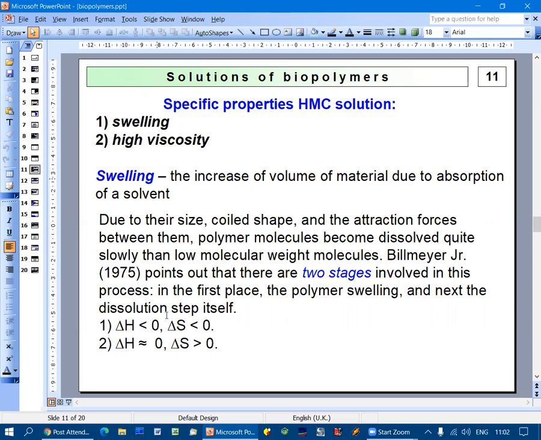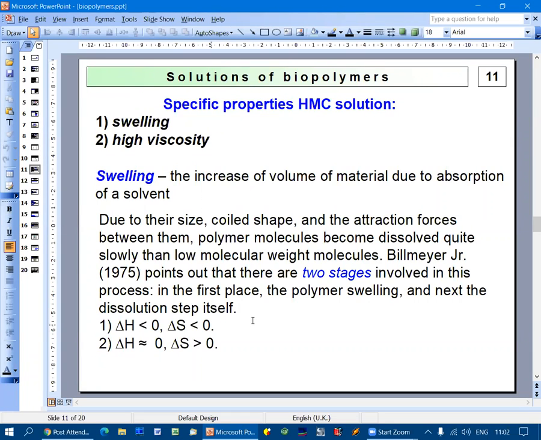Delta H at the first step of swelling is negative, and of course we will get a more ordered structure. It means that delta S or entropy change will be negative. But as you remember, delta G is delta H minus T delta S. The process is spontaneous while delta G is negative.